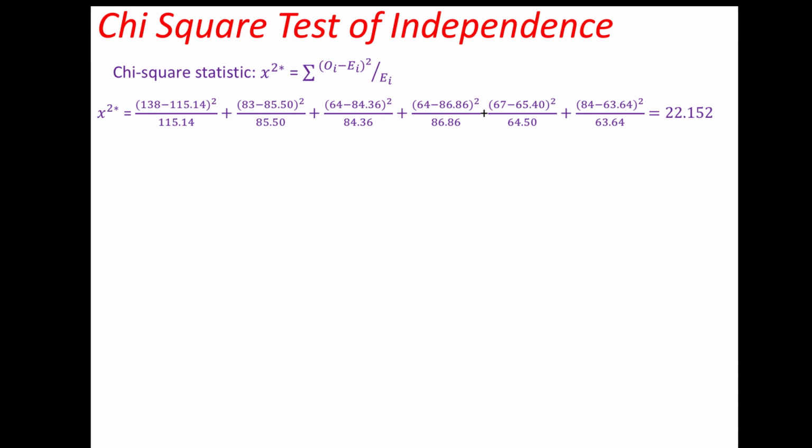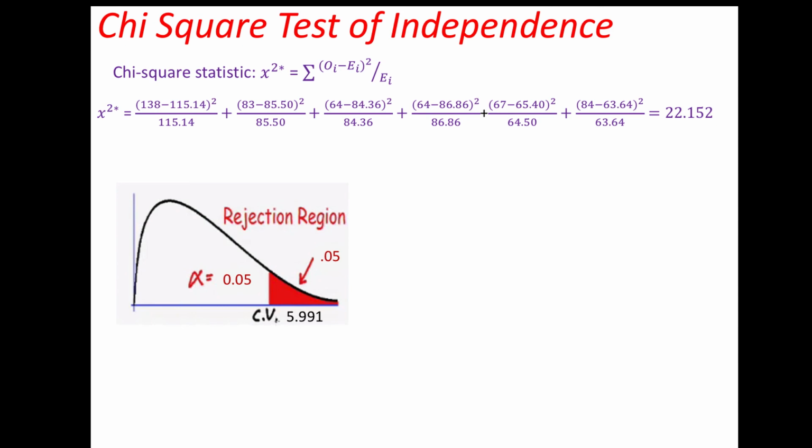When you compare that value to our critical value, which was just identified in the last step as being 5.991, our chi-square value is 22.152. It obviously falls to the right of this line here as it is much larger than 5.991. So what does that tell us?